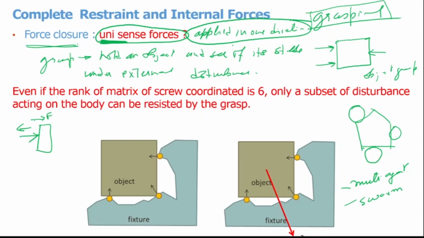Now in force closure, like here, even if the rank of the matrix of screw coordinates is 6, only a subset of disturbances acting on the body can be resisted by the grasp. That means if you catch an object like this and you're under force closure, I can apply forces like this, and the rank of the matrix of screw coordinates is 6. Why 6?